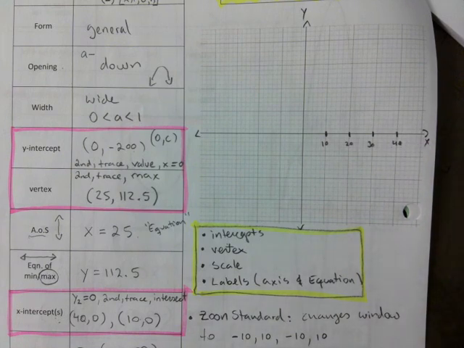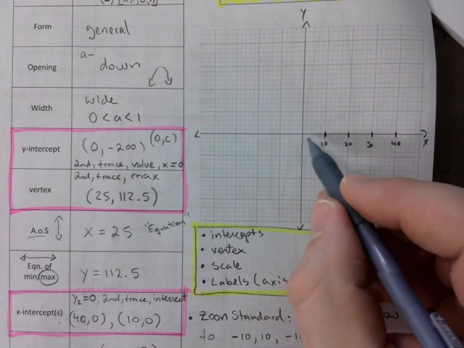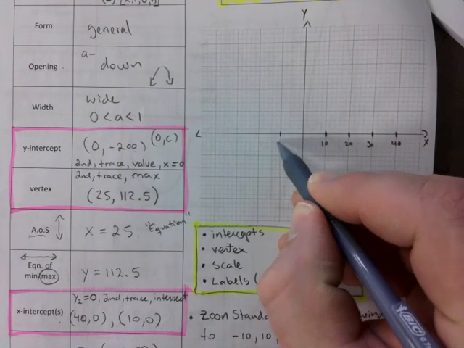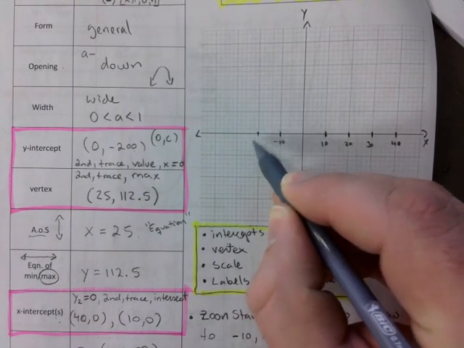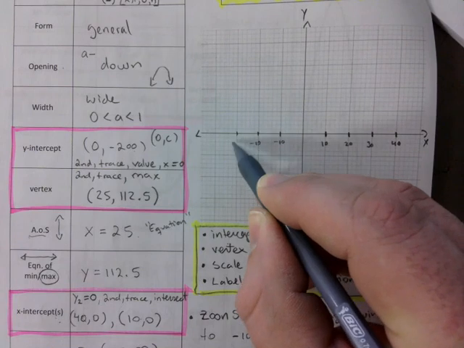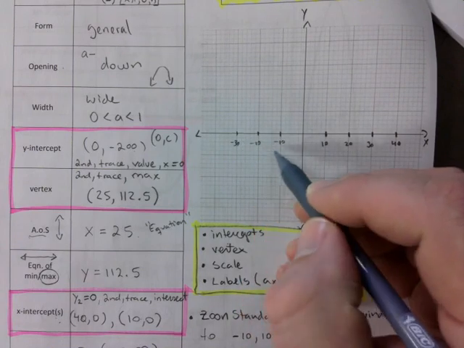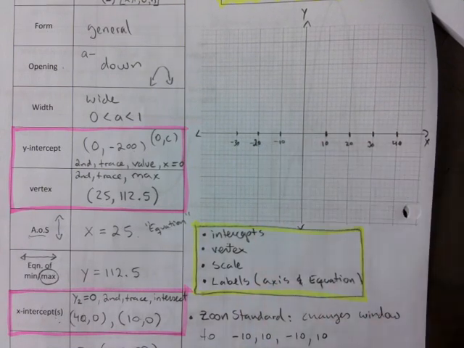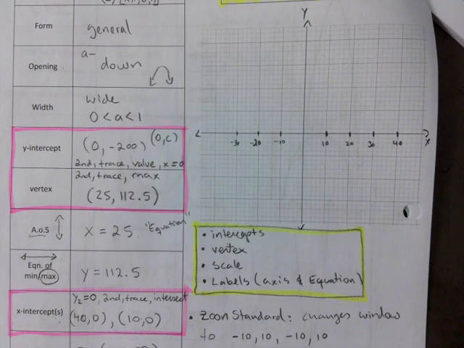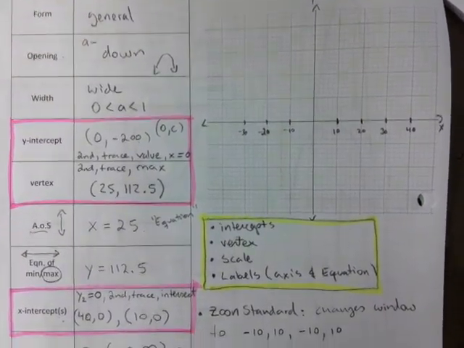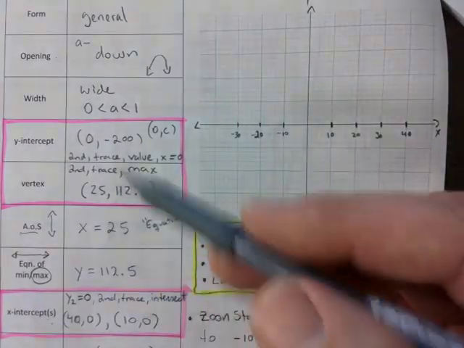So if you're going up by 10 along the x-axis, you do that with the entire axis. You can't change the amount you go up by just because it doesn't fit. You're not allowed to do that. So I'm going up by 10s.